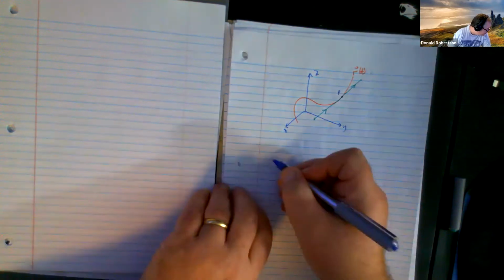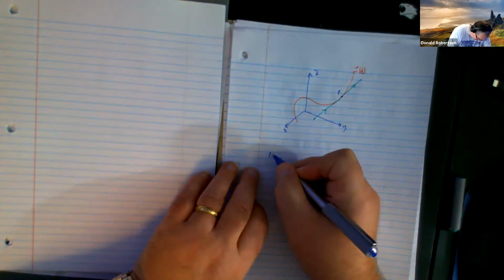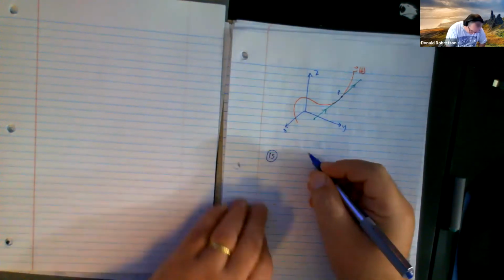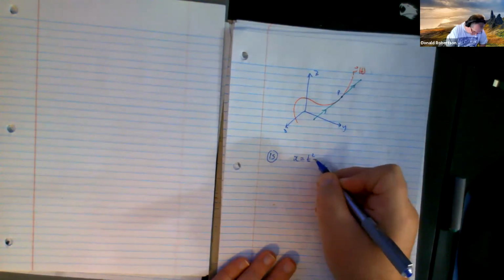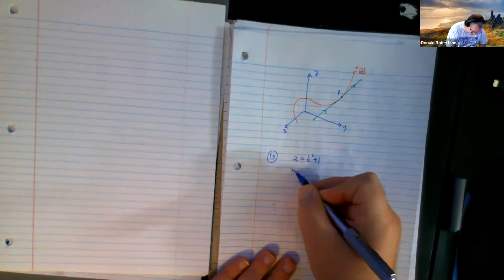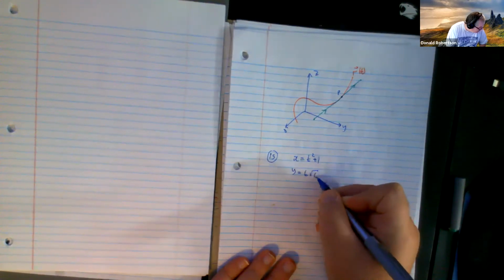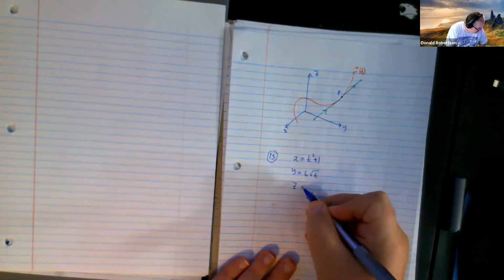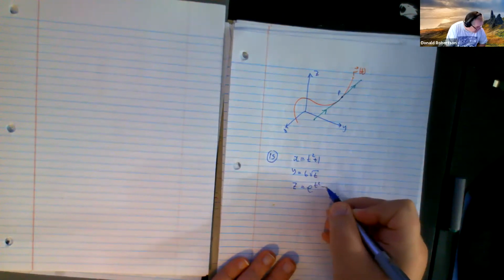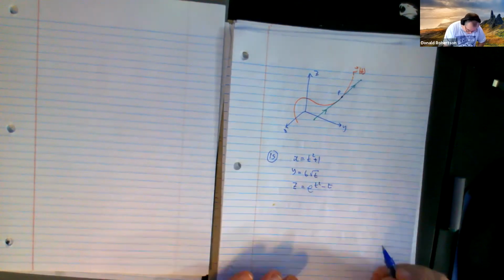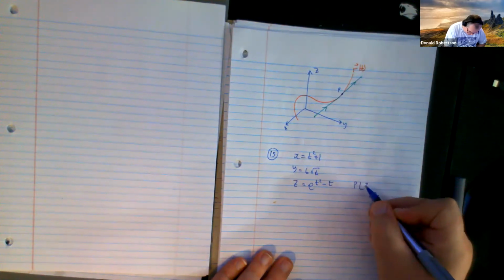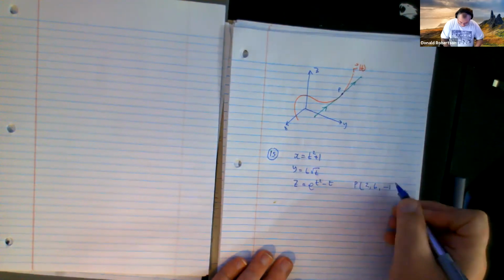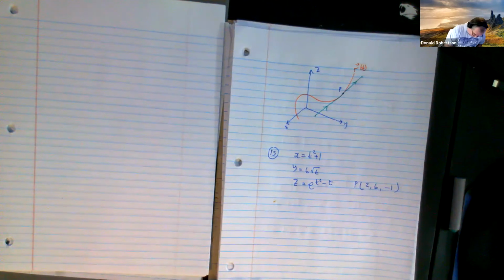So the one that we're doing is question 15. And they are telling you the equation of the space curve in its parametric form. And they're also telling you the coordinates of P, which is nice of them.